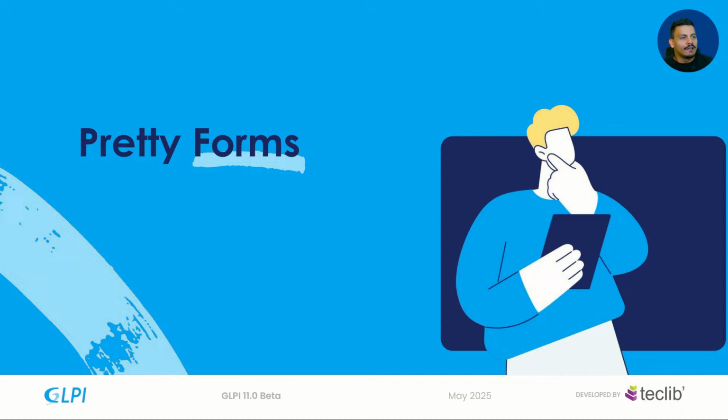And for sure, we have the pretty forms. What are pretty forms? Until GLPI 10, we have the plugin called Form Creator, which is very well known. A lot of people like to use it, so you can customize all of your forms, create customized questions, create a life cycle of a form before it gets to a ticket.